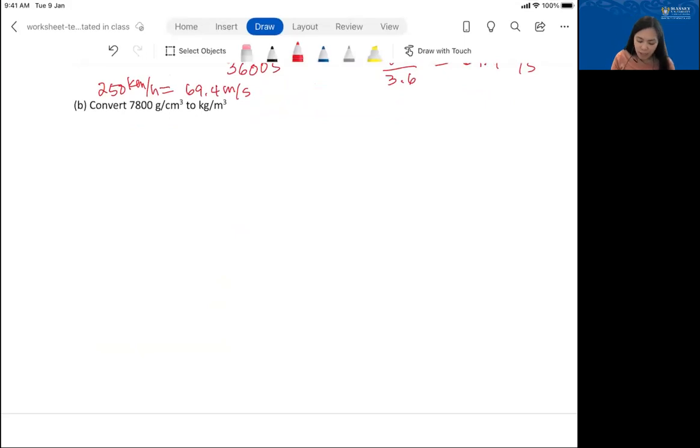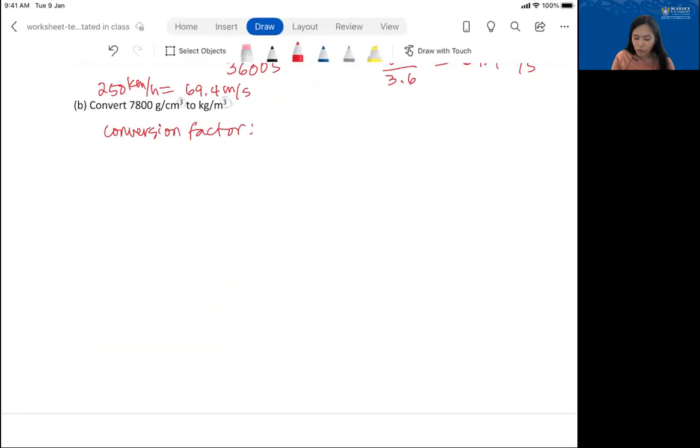Right, for this next question, you're converting 7,800 grams per cm cubed. Okay, the tricky bit here is there's this cube, exponent 3 in the units that you need to convert. But still, you start from the conversion factor.